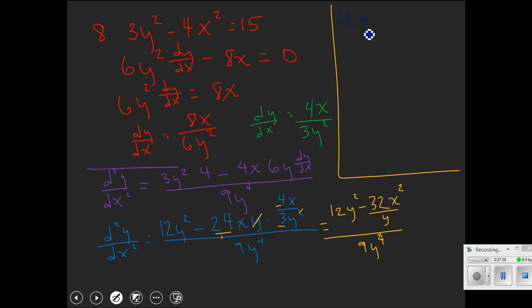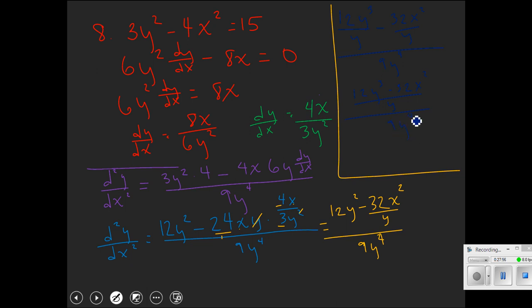So we're going to have 12y cubed over y minus 32x squared over y. And then that whole thing is over 9y to the 4th. So in the numerator, we have 12y cubed minus 32x squared, the whole thing's over y, all over 9y to the 4th.